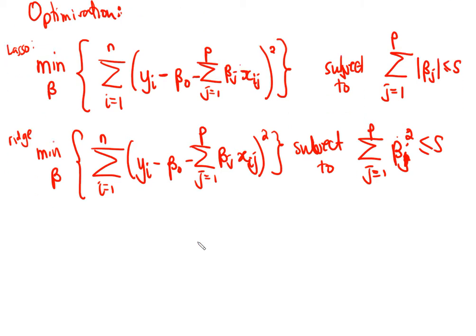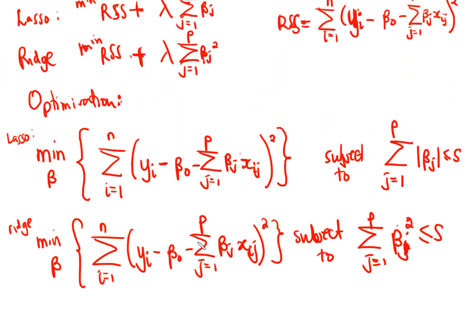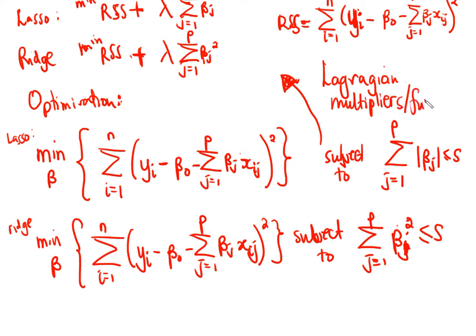We can use, and it can be shown, you can go from here to there using Lagrangian multipliers or functions. I'm not quite sure, I've forgotten this part, but I think it's Lagrangian multipliers or functions, where you change this optimization problem.